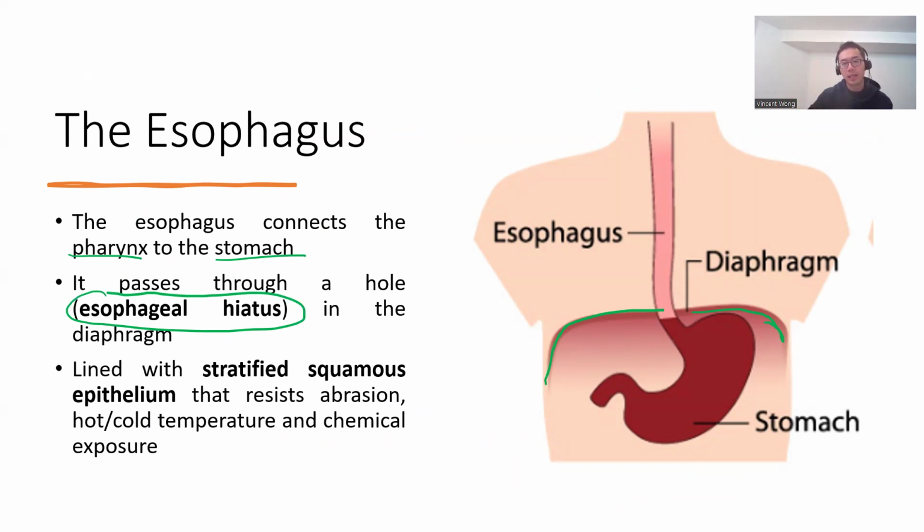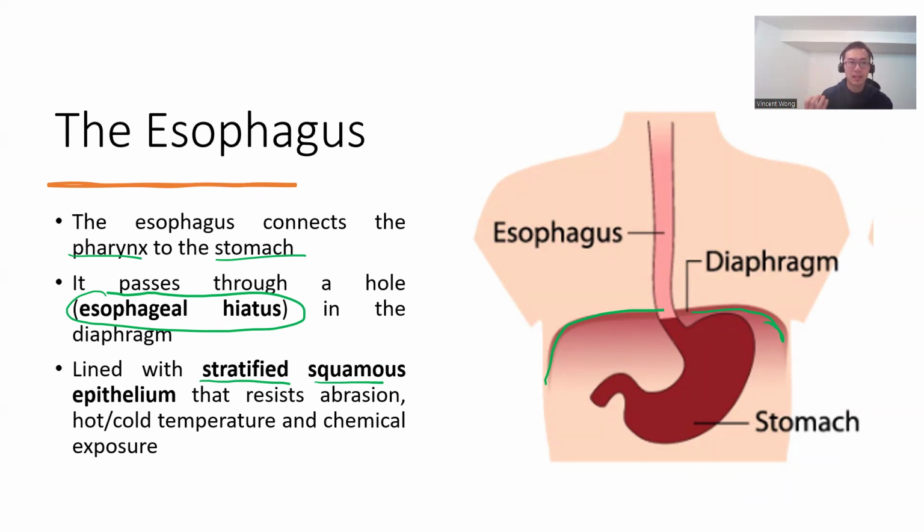Now, the esophagus needs to have very resilient epithelial tissue. It's multiple layers of flat tissue, so we call those stratified squamous. The stratified squamous is going to protect the esophagus from the hot and the cold temperature of the food. There is some abrasion because sometimes the food we eat is kind of rough in texture. Like if you think about eating chips, right?